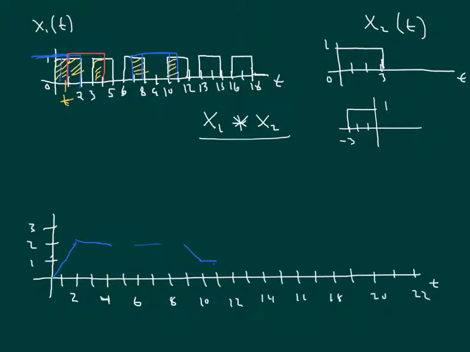Now once we get past t equals 11, we can see that we're going to have that same linear increase as t increases that we had earlier, up until t equals 12, when our convolution is back up to equaling 2.